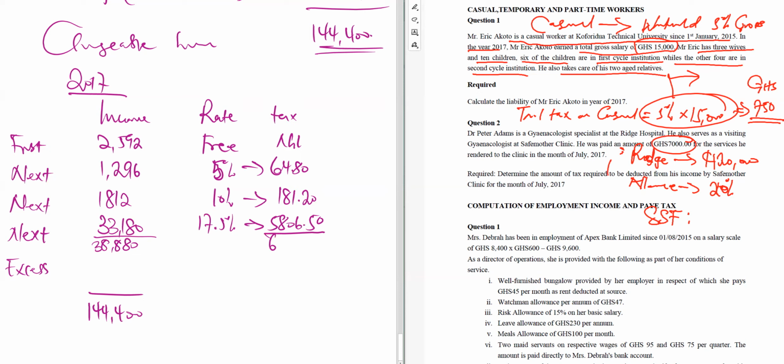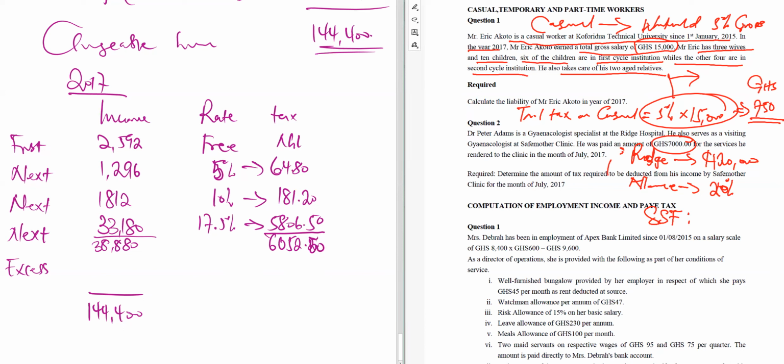Add it for me: 64.80 plus 181.2 plus 5,806.5. You end up with 6,052.50, right?